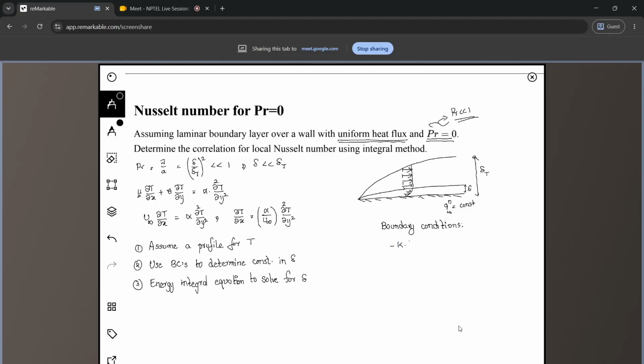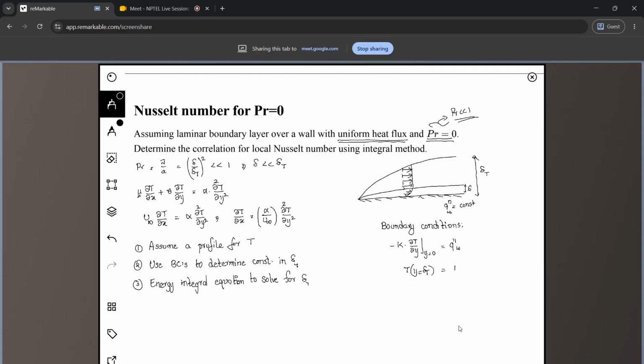So minus k times del T del y at y equal to 0 should be equal to the wall heat flux. That is one condition. And then we also have the free stream temperature beyond delta t. So at y equals delta t, it's actually T infinity.